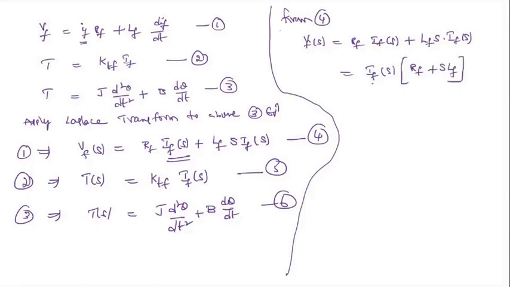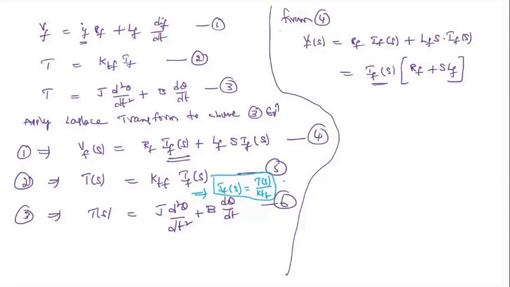Now here If(s) is there. So how to find out the If(s)? From this fifth equation, I am going to write If(s) is equals to T(s) by KTF. I have written it in another color pen for clarity.